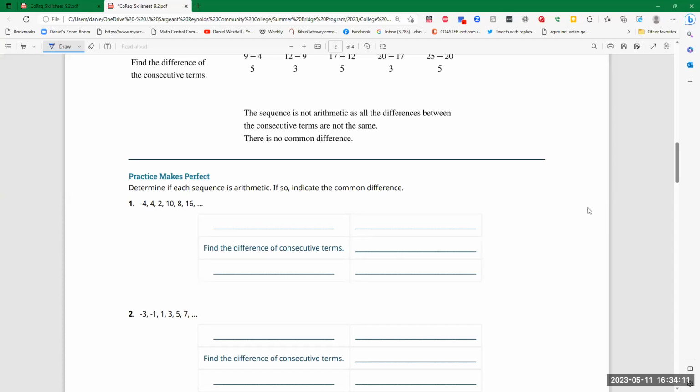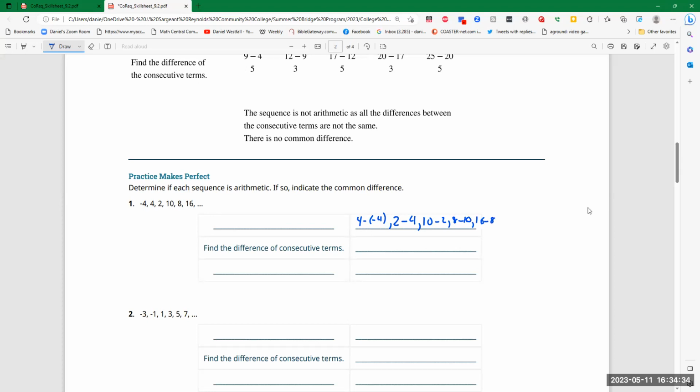So let's write 4 minus a negative 4. Then we're going to have 2 minus 4. Then we're going to have 10 minus 2. Then we're going to have 8 minus 10. And we're going to have 16 minus 8.